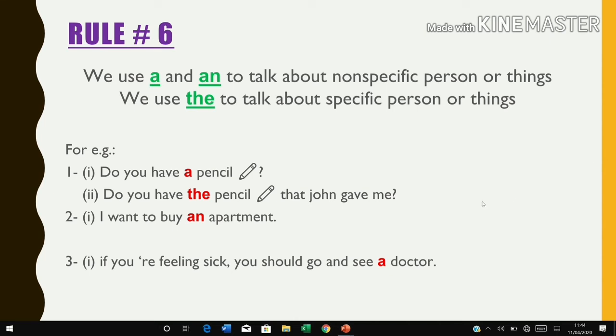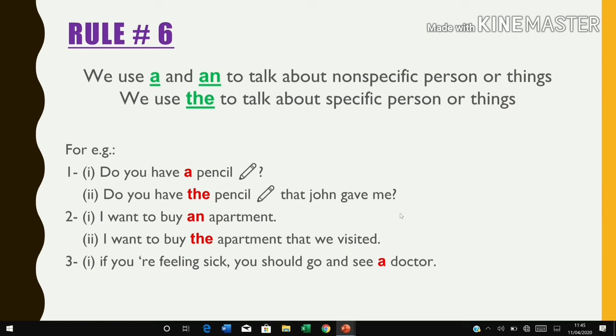And look at this sentence: "I want to buy the apartment." That means a specific apartment, maybe one that we visited, or the apartment that is near the seashore. Like this. So we should use "the" to specify a specific person or a specific thing. That is the rule here.